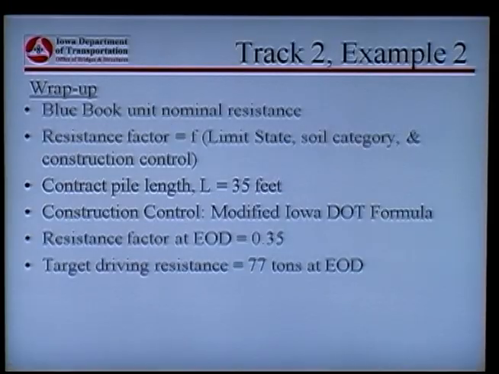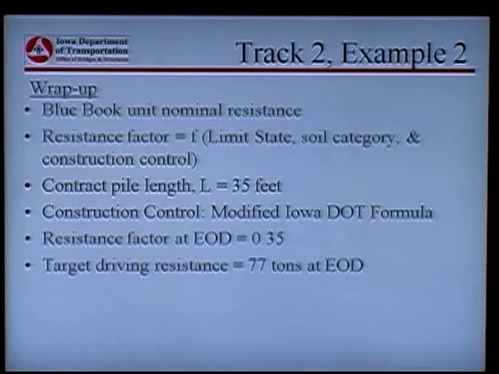So to summarize this example, you have designed and identified the unit nominal resistance using the blue book. The resistance factors are based on the type of construction control methods that you select, as well as the soil profile, right? And the contract length is 35 feet. Construction control is again using the modified Iowa DOT formula.